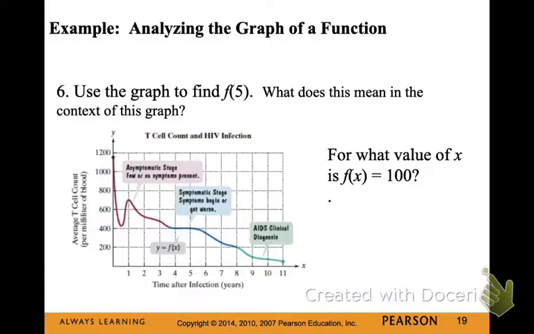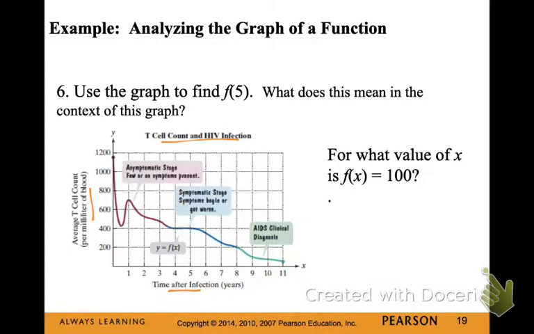Now take a look at this graph. This is a real life situation. This is T cell counts and HIV infections. It's comparing time after the infection in years to average T cell counts per milliliter of blood. It says find f of 5.